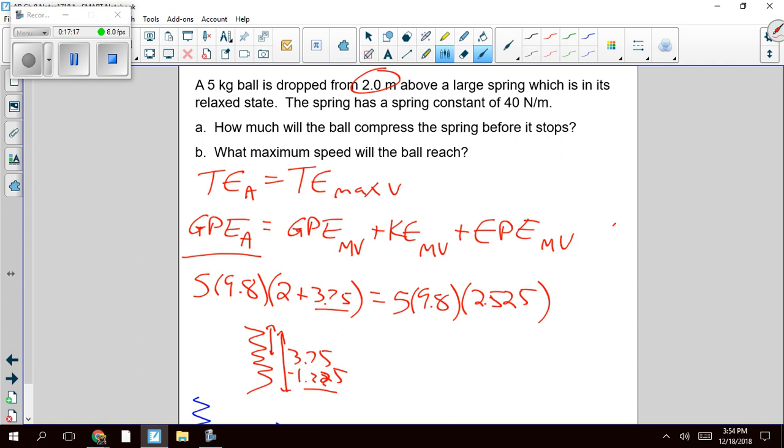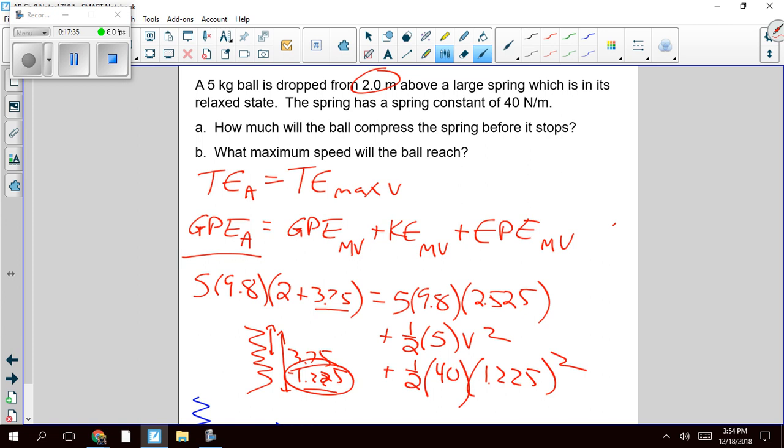So that's our GPE plus our KE, which is 1/2 times 5 times V squared, plus our maximum elastic potential energy, which is 1/2 of k times this x that we found squared. All right, and solve it. All right, so I'm going to pause for a minute and figure this out.